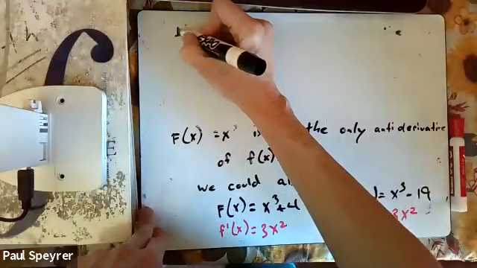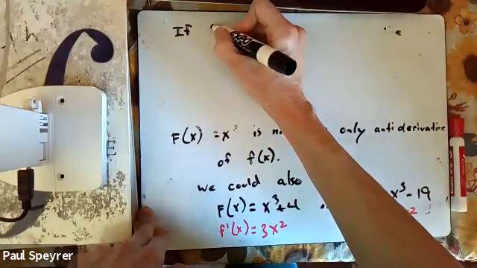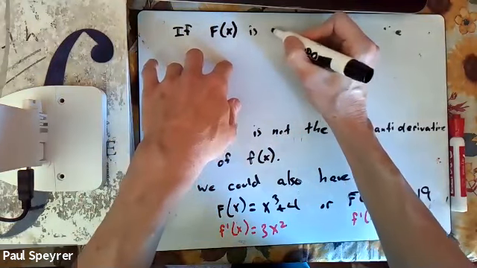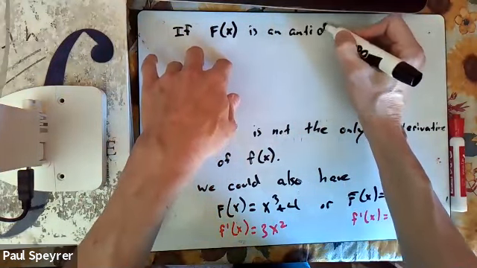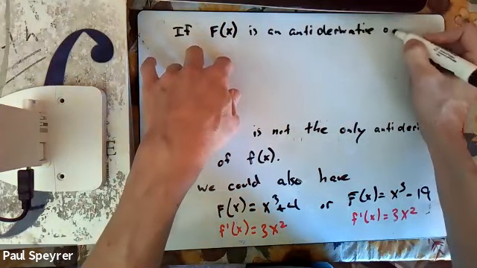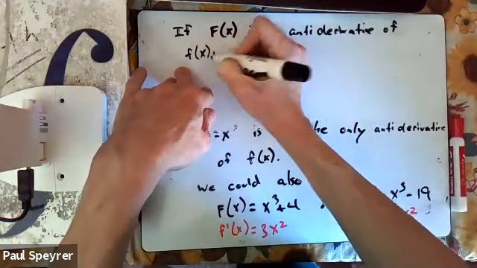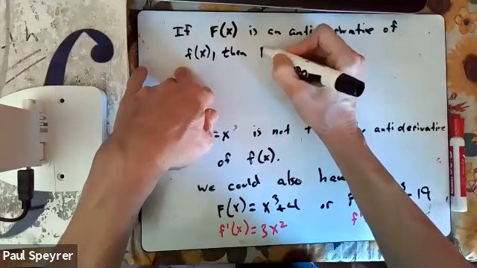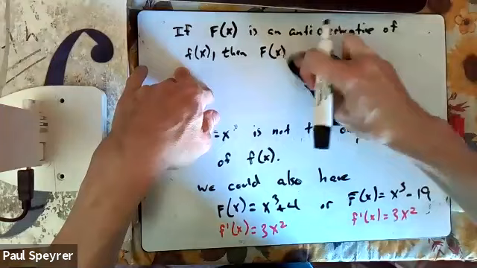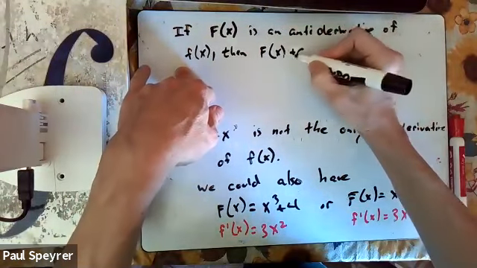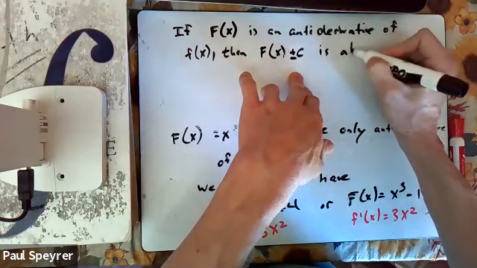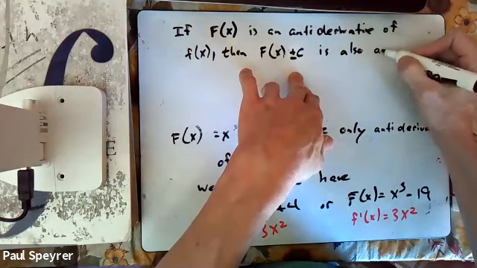So if big F of x, that means the antiderivative of little f, right, is an antiderivative of f of x, then big F of x plus c, or I'll say plus or minus because c is just a constant, it can be positive or negative, is also an antiderivative.